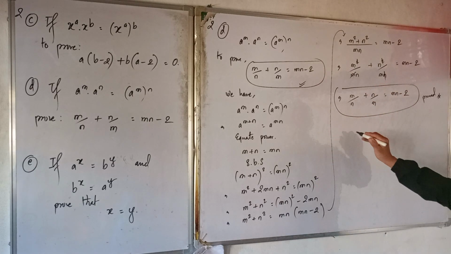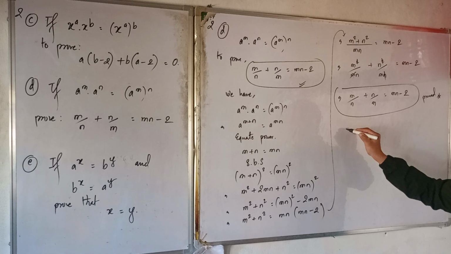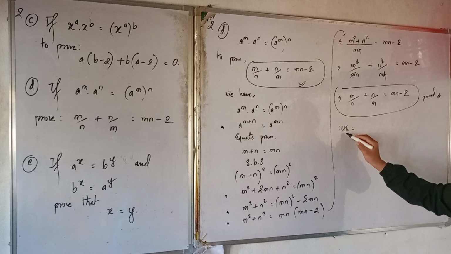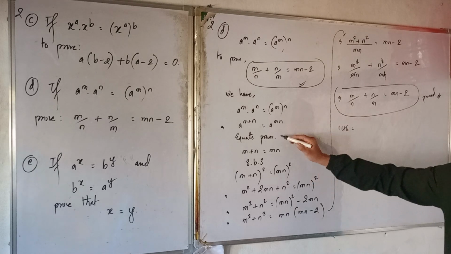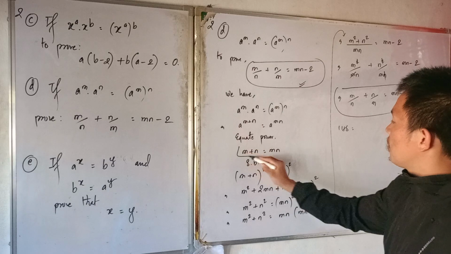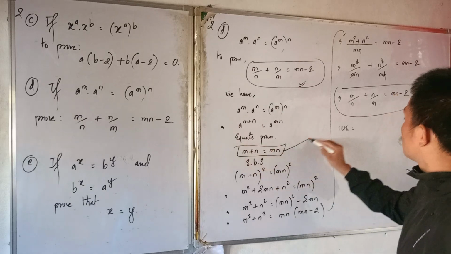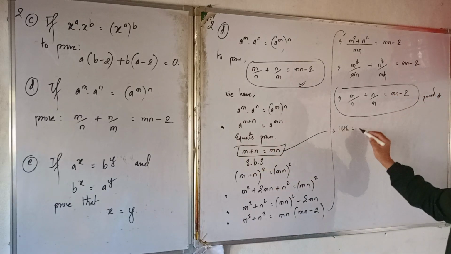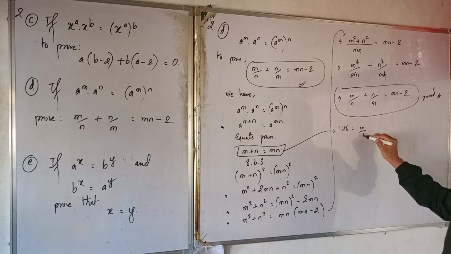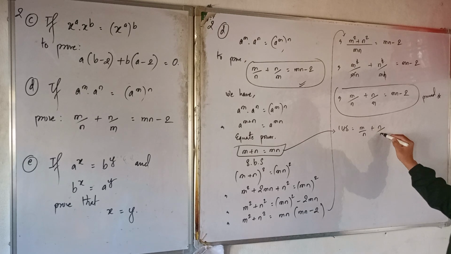If you want to go in another alternative way, that is by taking LHS directly from these relations, you can do it this way: m by n plus n by m.